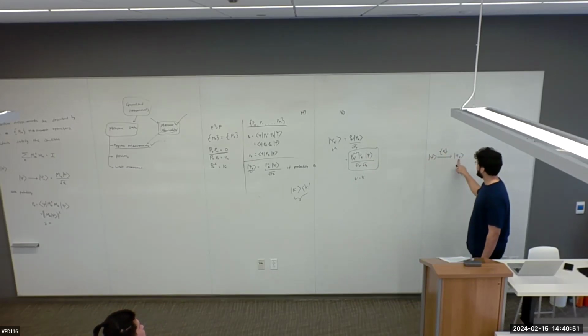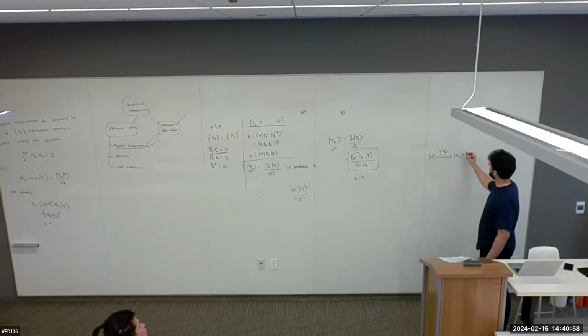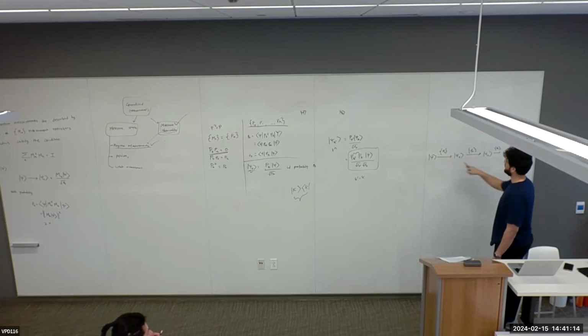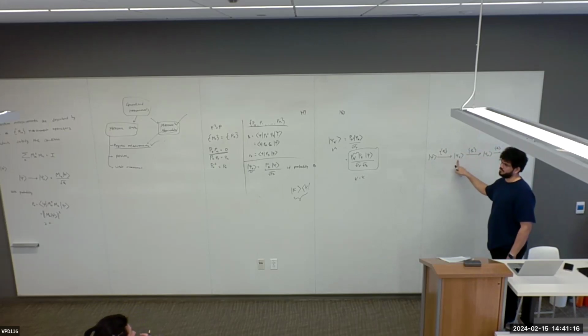Here psi k would be a different state than psi. Now, if you perform the same measurement again on this state, we know that there are k different possibilities after a measurement. But if you do repeated measurements, you will get the same state back again. It doesn't matter how many times you perform the measurement, you will always get the kth outcome that you initially got.